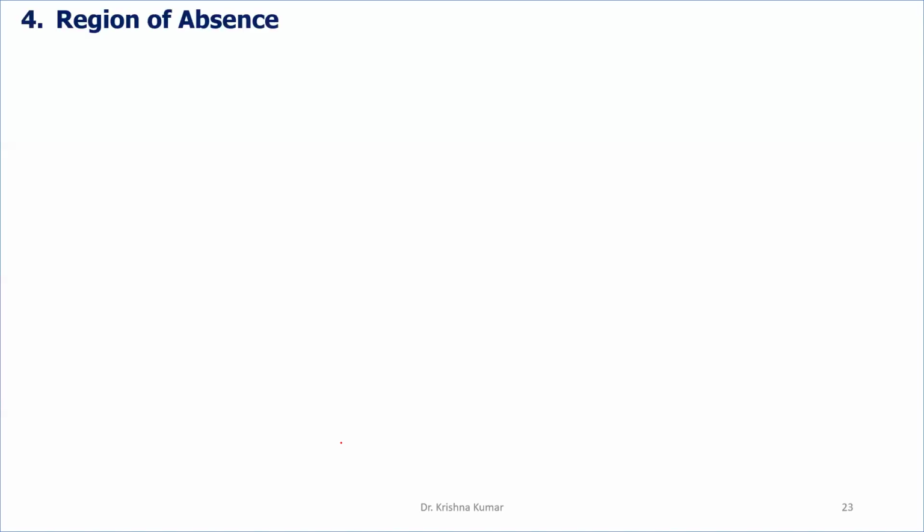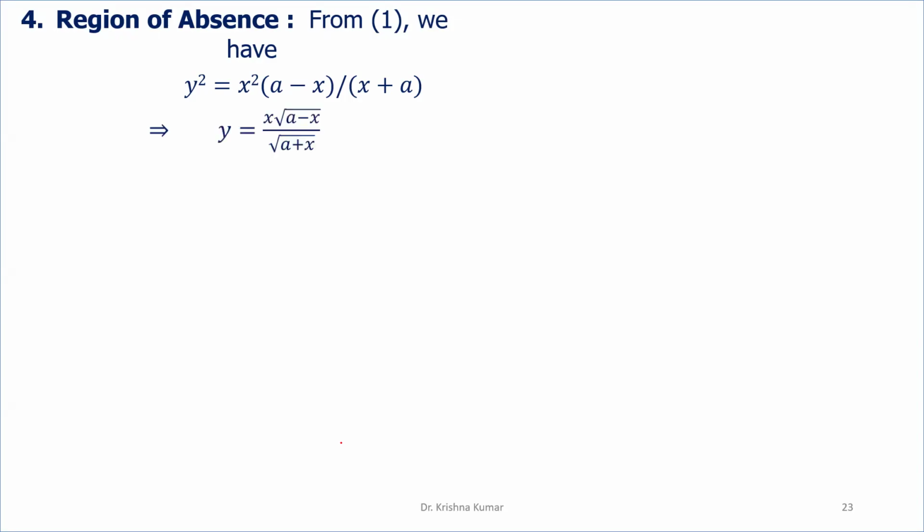Now, what is the reason for the absence of the curve? From equation number 1, we have y square equal to x square into (a minus x) upon (x plus a). So what is the value of y? y is equal to x, if we take the root, root over (a minus x) upon root over (a plus x).